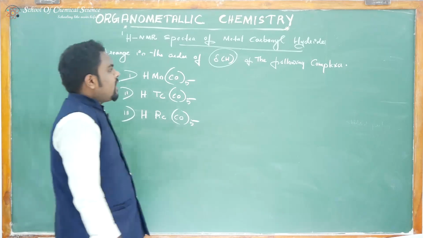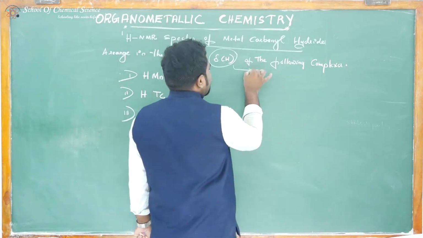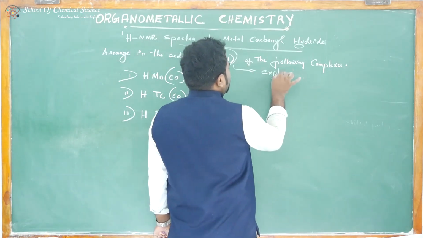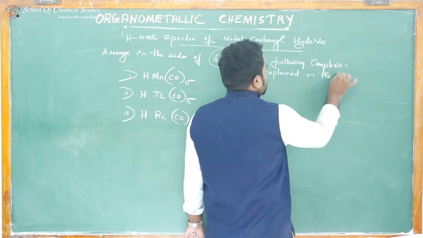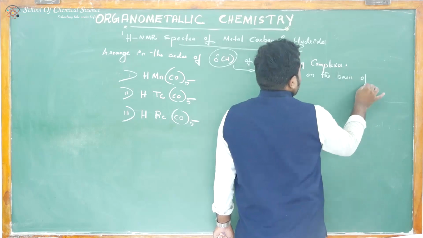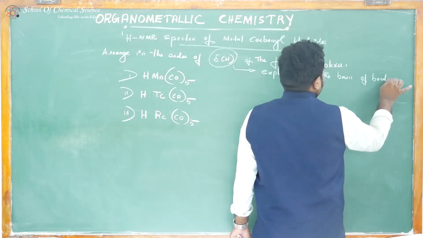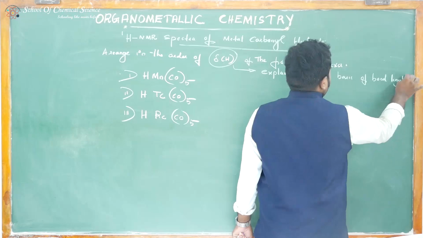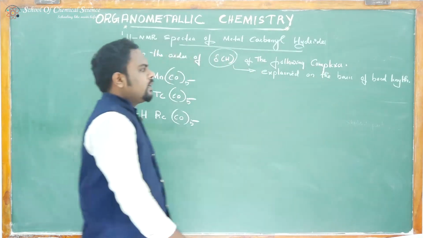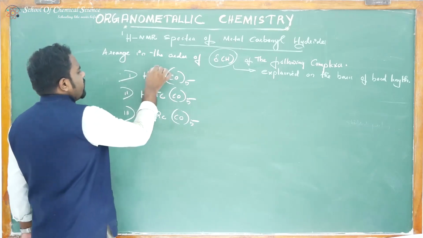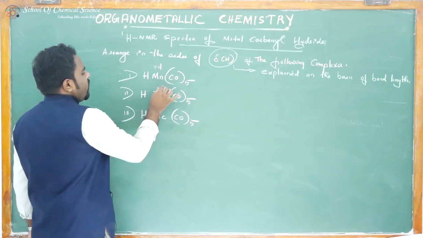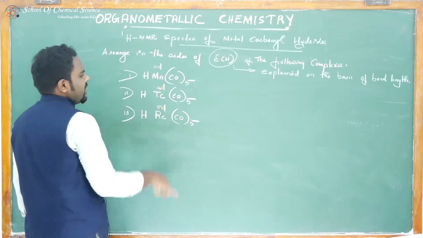Here, the delta value is explained on the basis of bond length. Manganese is a 3d metal, technetium a 4d metal, rhenium a 5d metal.